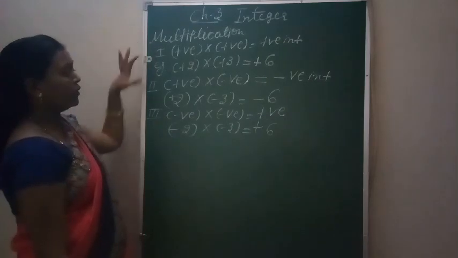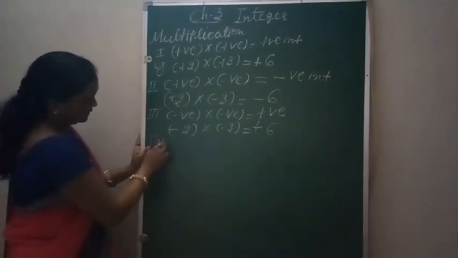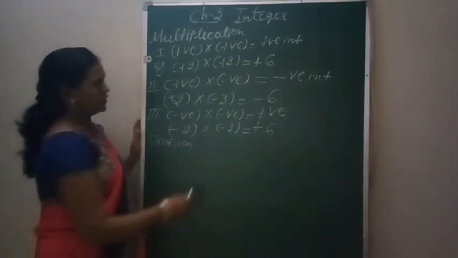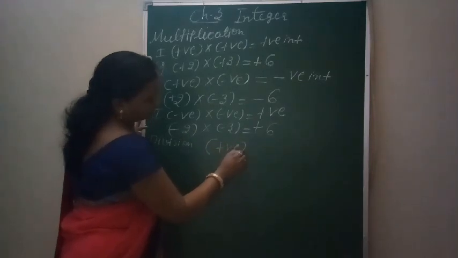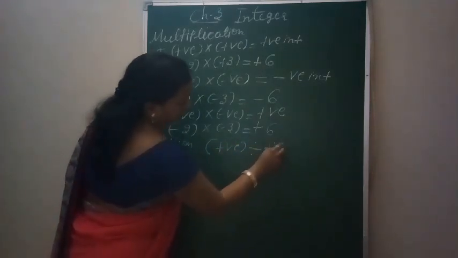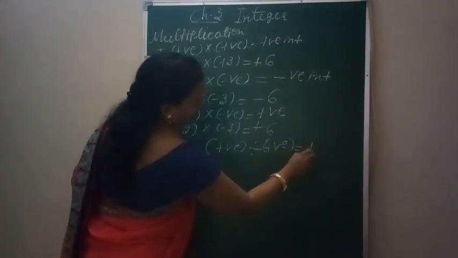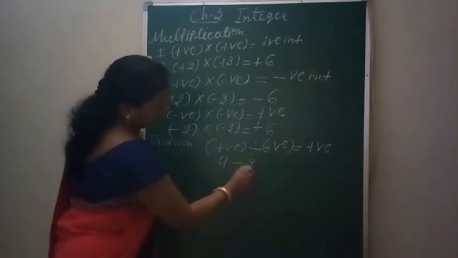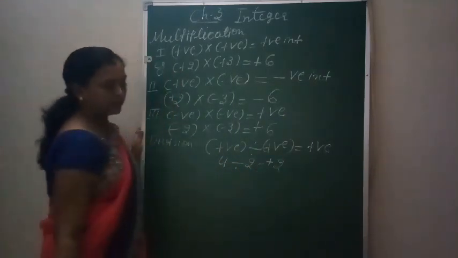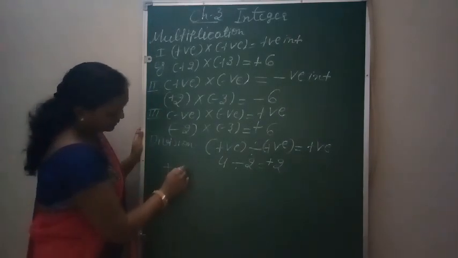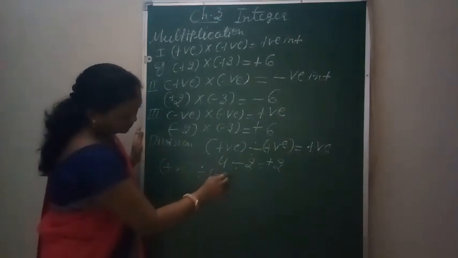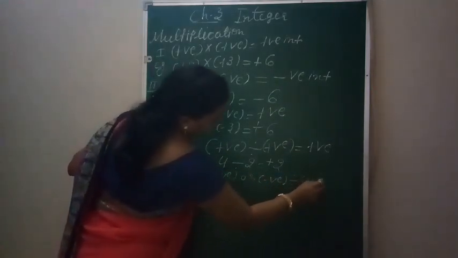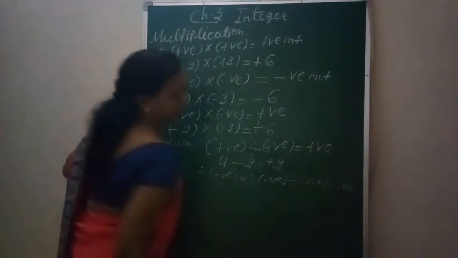The same rule we will follow for the division of numbers. When we solve the division of two numbers, a positive divided by a positive number gives a positive answer. Means 4 divided by 2, so the answer is 2. And when we divide positive by negative, or negative by positive, our answer will be negative.